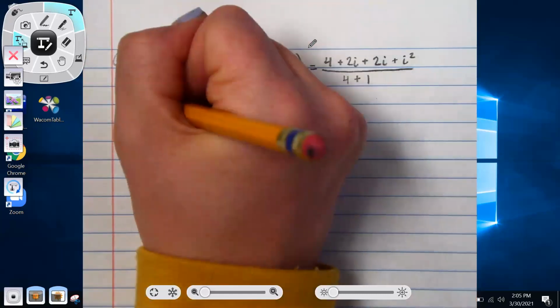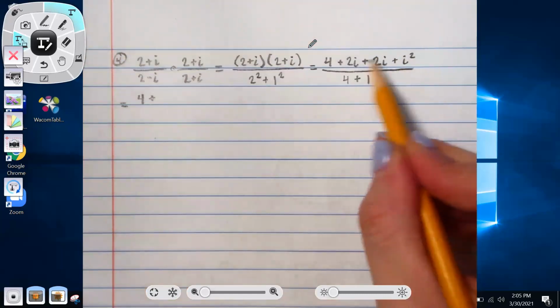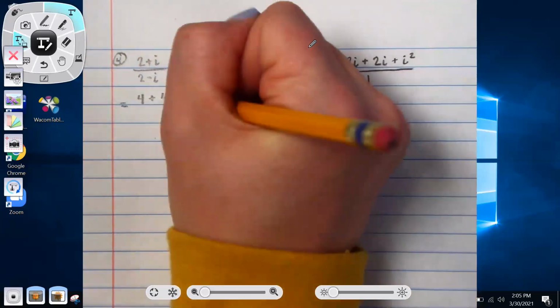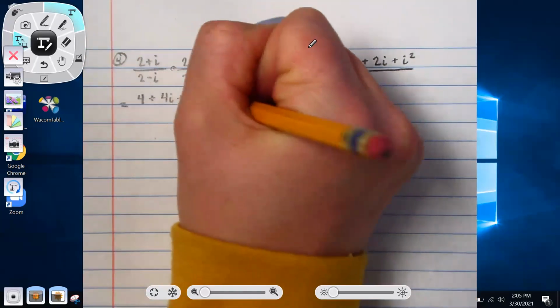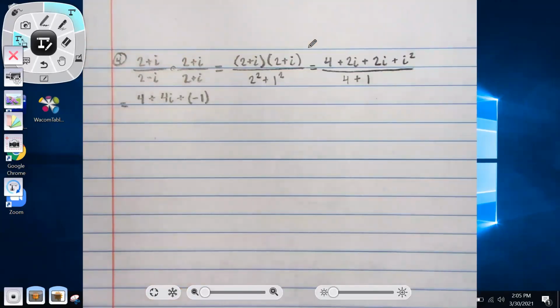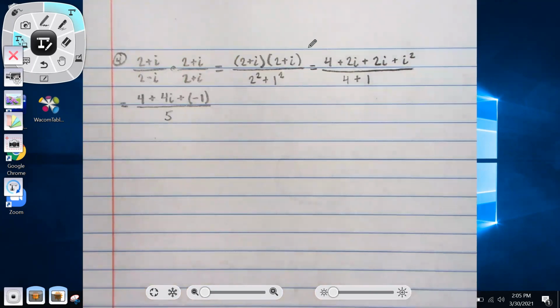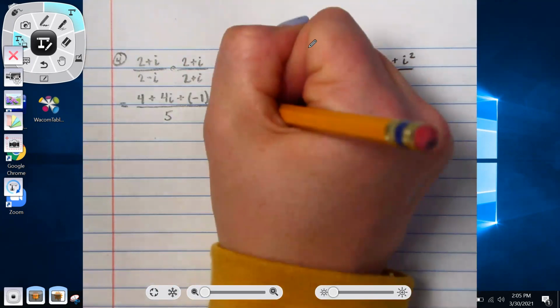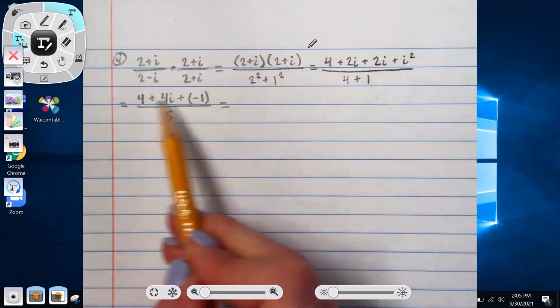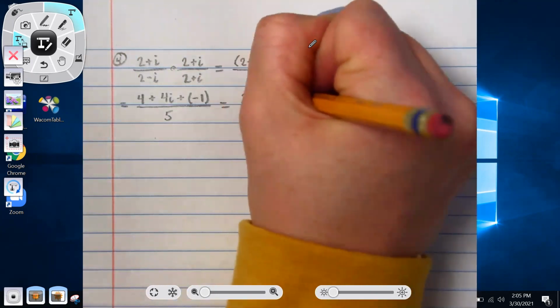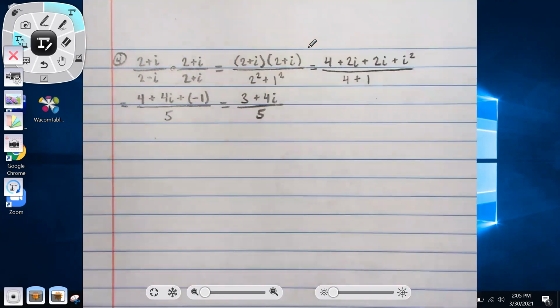In the numerator, we have 4 plus, we can combine 2i plus 2i to get 4i. And we know i squared is -1. So we have plus -1, or if you want to write it as minus 1, that's fine too. Over 5. So we can combine 4 plus -1, or 4 minus 1, which is 3, plus 4i over 5.